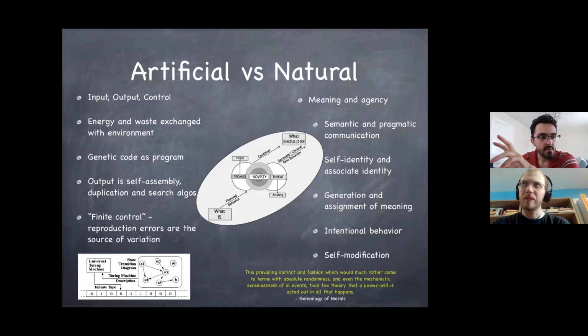Here you can also see a diagram of the universal Turing machine on the bottom left, and we have a cybernetics diagram from psychologist Jordan Peterson, from his Maps of Meaning, where he describes the basic pattern of biological behavior.